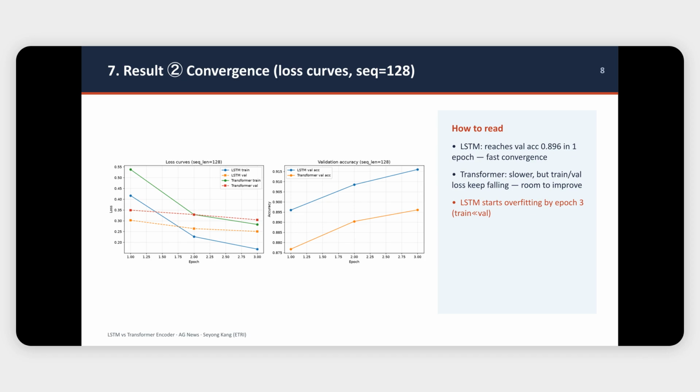Meanwhile, the LSTM has train loss 0.169, but check the validation loss, 0.51 by the third pass. An early sign of overfitting, where it memorized instead of learning. So the LSTM is fast but overfits early. The transformer is slow but steadier on new data.